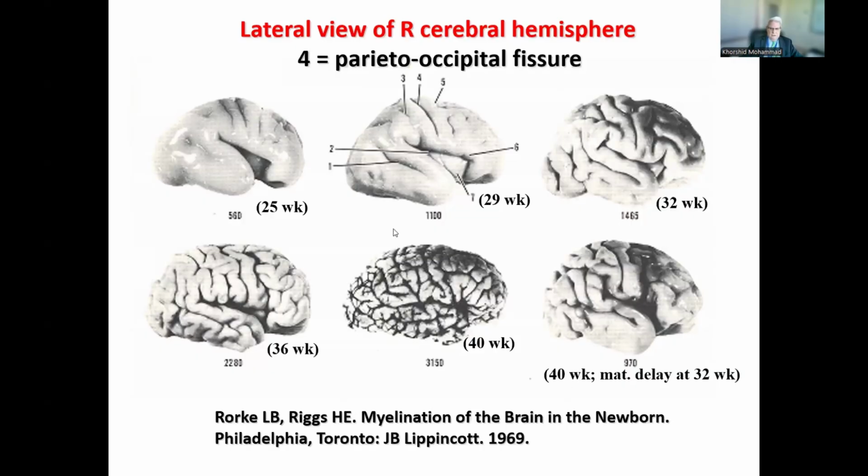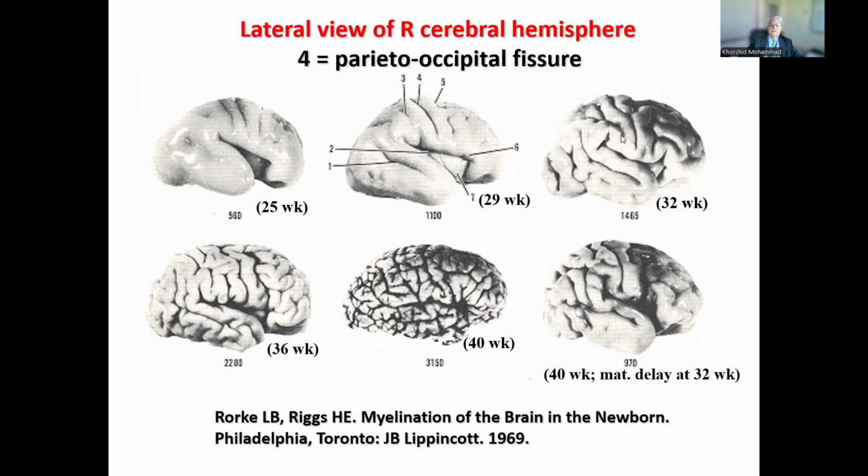If you look at the lateral surface of the hemispheres of these control brains, where number 4 that you can see here in the upper middle panel, you can see that there is a groove formed on the lateral surface, and that is the parieto-occipital fissure forming. And it becomes more evident as progression occurs.